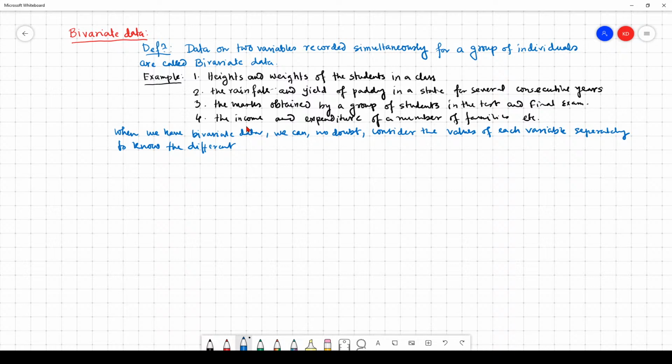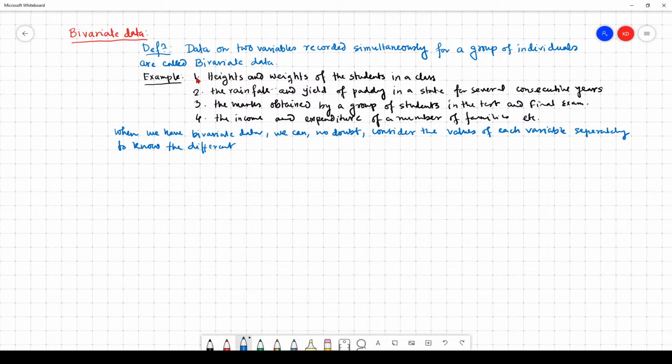So consider example one: I take the height and weight of Shashwat. Suppose you have 11 students. I observe there are 11 students watching this video, and I take height and weight from each student. That's why this is bivariate data. If I take five weights from five different students and six heights of another six different students, this is not bivariate data.